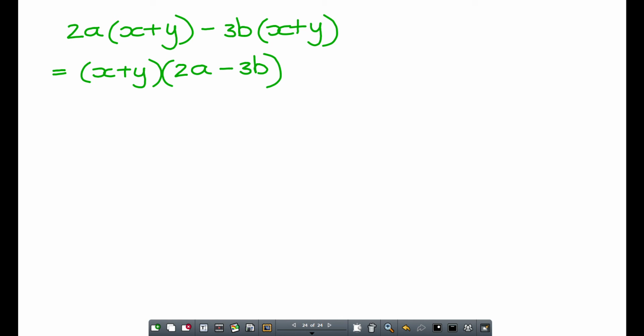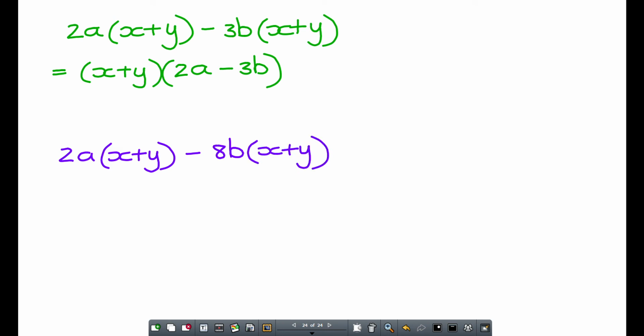Gewoonlik werk dit nie uit dat jy nog vereenvoudig binne in die hakkie nie, but something that could happen is when you've got to go and factorize even further. Kom ons doen miskien gou so 'n voorbeeld. Gaan hom nou net so gebruik. 2a(x plus y). En nou maak ek dit minus 8b(x plus y).